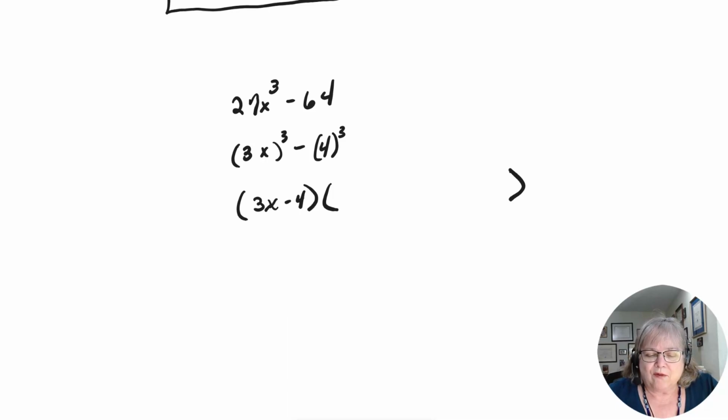So once I drop the cubes, I only look right here. This is the only place I'm looking. So I take the term in the front and square it. 3x squared is 9x squared. I take the term in the back, which is 4, and square it, put it in the back. Front times the back goes in the middle. 3x times 4 is 12x.